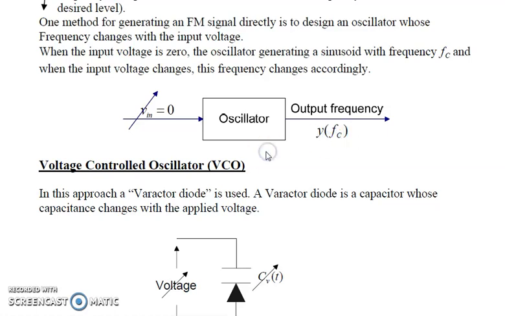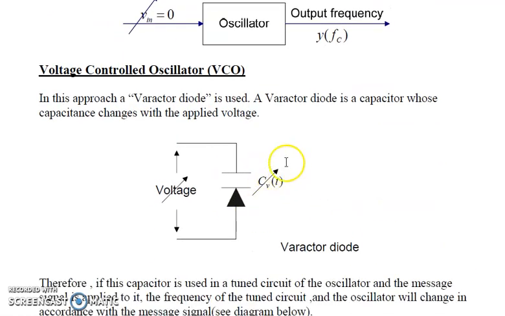Now, what is a voltage controlled oscillator? Actually, it uses a varactor diode. If you have studied basic electronics, you know what a varactor diode is. Again, see, this variable sign has shifted. It should be above the capacitor, so you have to correct it because there are some changes due to Word to PDF conversion.